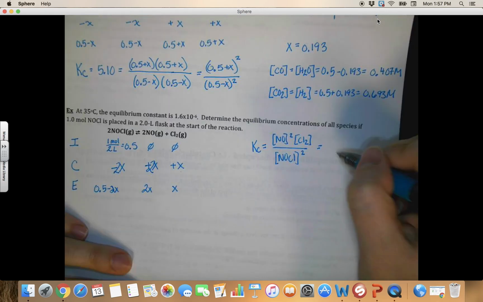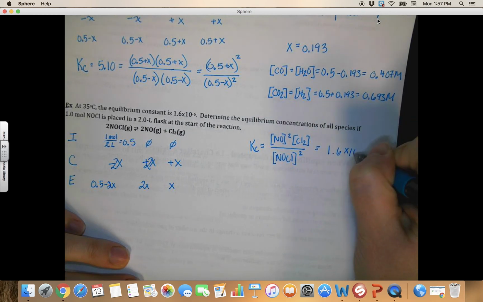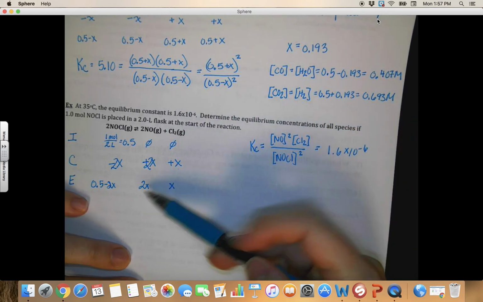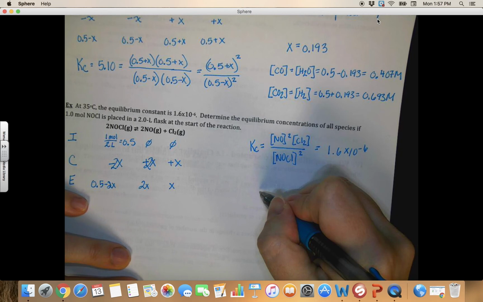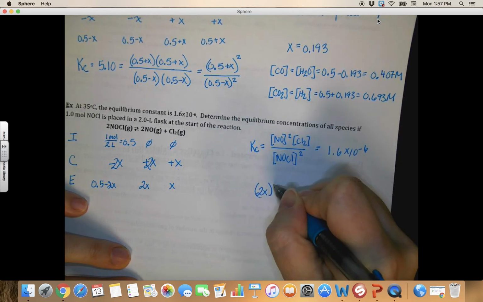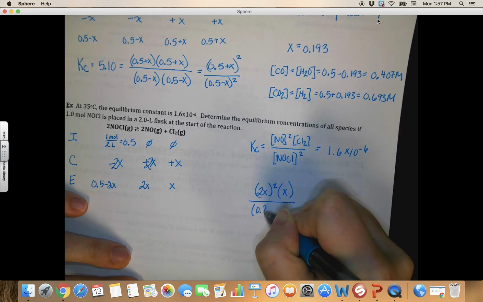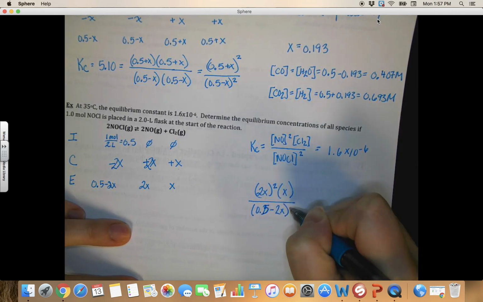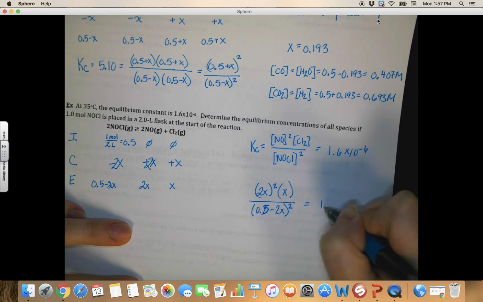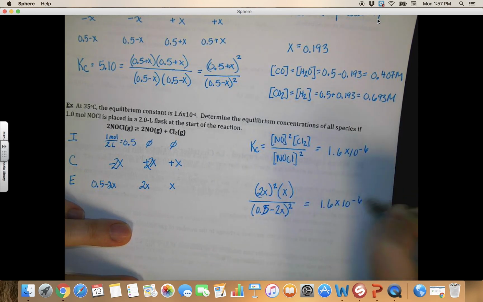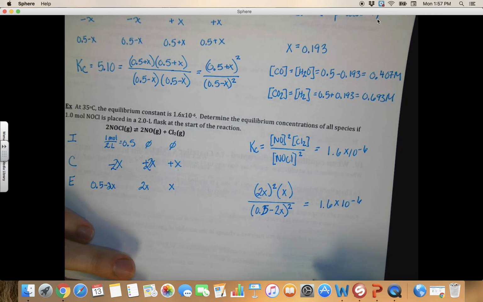Well, Kc is equal to 1.6 times 10 to the negative 6. So I'm going to plug these into my equation. So I have 2x squared times x over 0.5 minus 2x, squared, equals 1.6 times 10 to the negative 6. Okay.